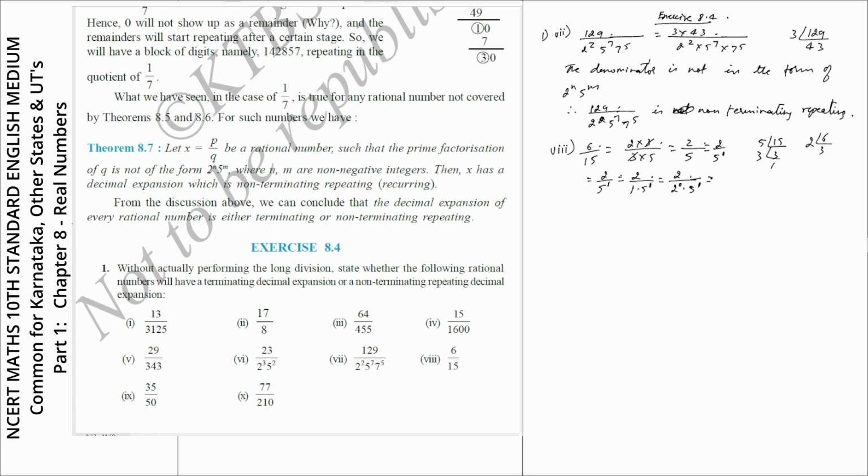Now clearly the denominator is in the form of 2 power of n into 5 power of m, where n and m are non-negative integers. Therefore 6 by 15 is terminating.